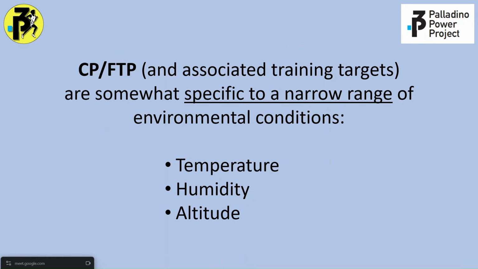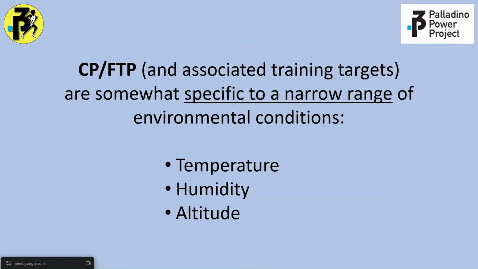The other thing to understand is CP, FTP, because of what I just said, it's specific to a narrow range of environmental conditions. So if you tested and it was 18 degrees Celsius, then that CP is applicable to maybe 15 to 23 degrees or 22 degrees, all right?